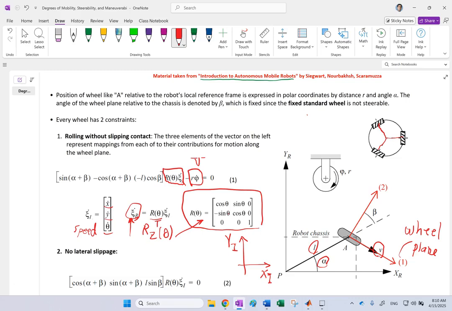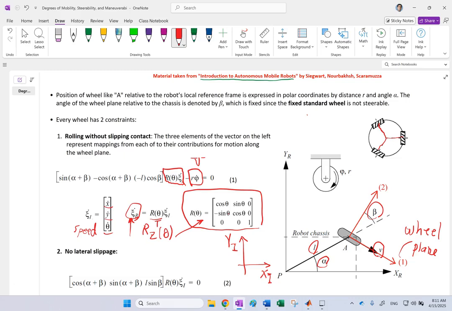Also angle beta for a fixed wheel, a wheel that does not steer, is constant. For a steerable wheel this angle beta changes, and that is going to be a function of time. But again, for a fixed wheel, beta, alpha, and L, they're all constant.